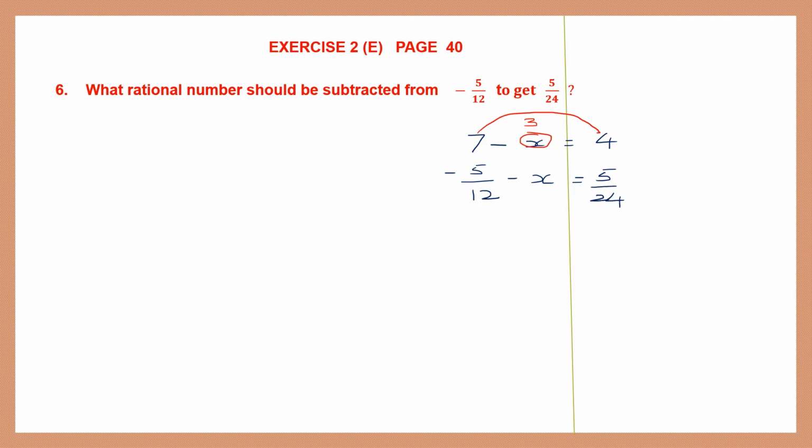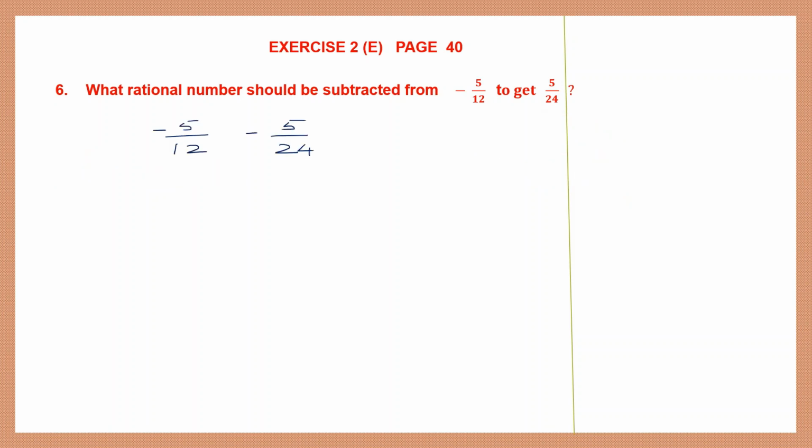Just like in that example sum, we have to subtract these two numbers by writing minus 5 by 12 first, and subtract the answer, that is 5 by 24, and we will be able to get our answer, that is x.